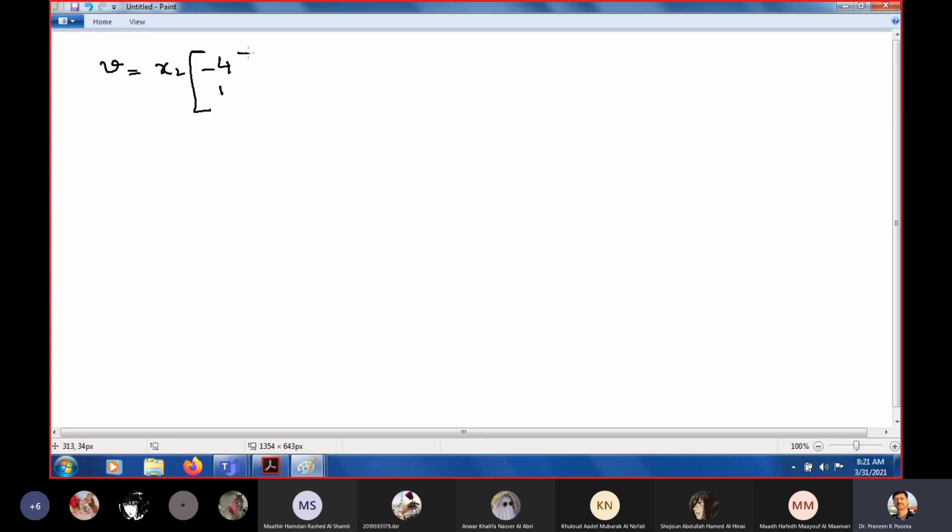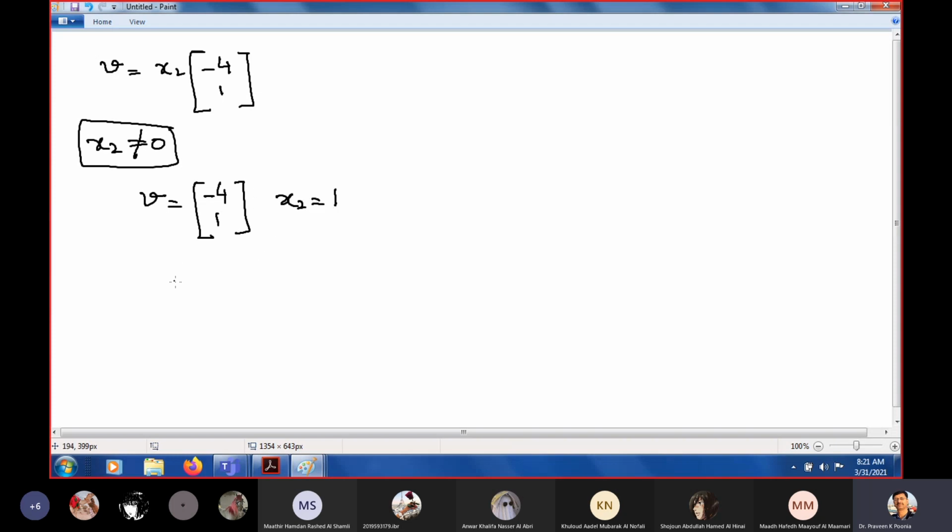It is x2 times minus 4, 1. Clear? What is x2 here? x2 is any number that is not equal to 0. x2 can take any value. So listen, I am taking 1. So 1 means there is no problem: minus 4, 1. Clear? I took x2 equal to 1.